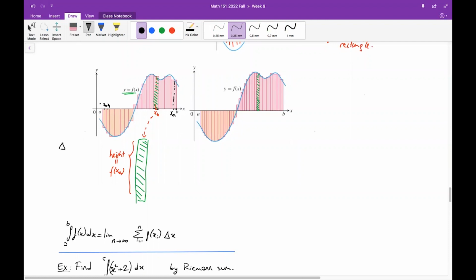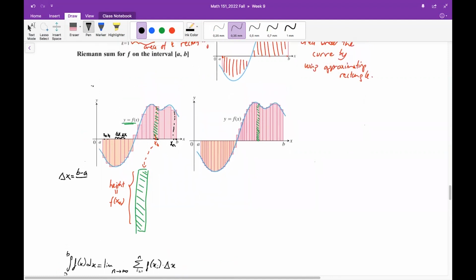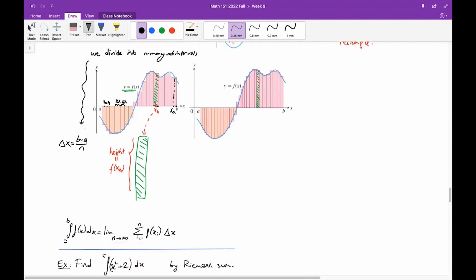So let me say the base, the length of the base of each sub-interval is delta x. So what is delta x? What is the length of each base? It is in fact the total length from A to B, so it is B minus A, divided by the number of rectangles, okay? So we divide into n many sub-intervals. That's why I need to divide by n the total length to obtain the base, okay?